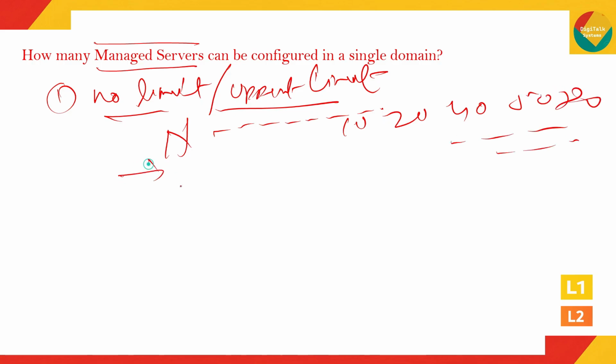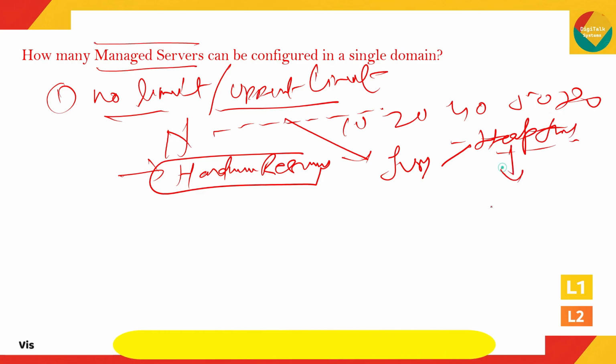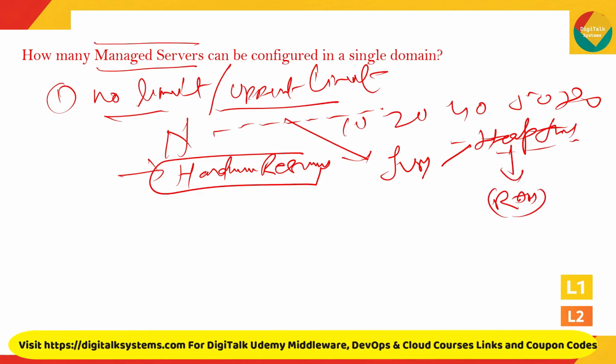But the only thing is that you have to make sure you have sufficient hardware resources available, right? Because every server runs on a JVM, and every JVM needs a heap size, and this heap size is taken from the operating system RAM. And when you are executing the process, the request, this also needs the CPU, right?